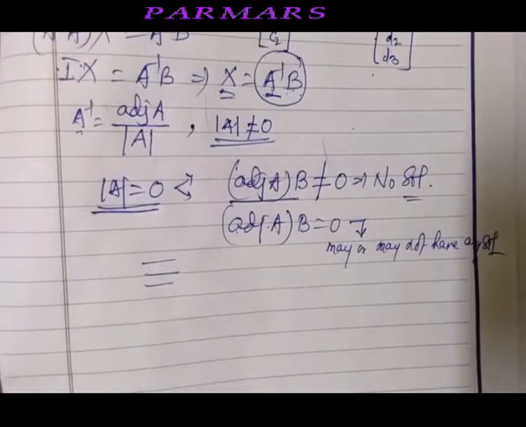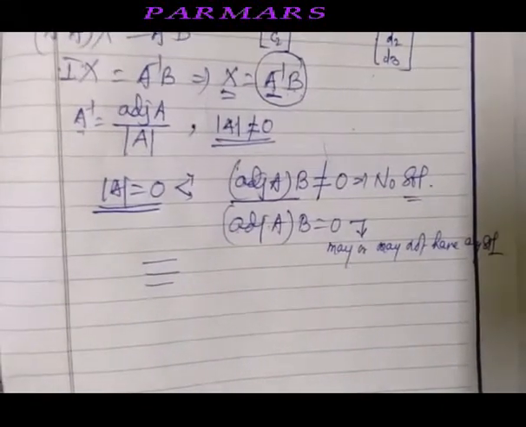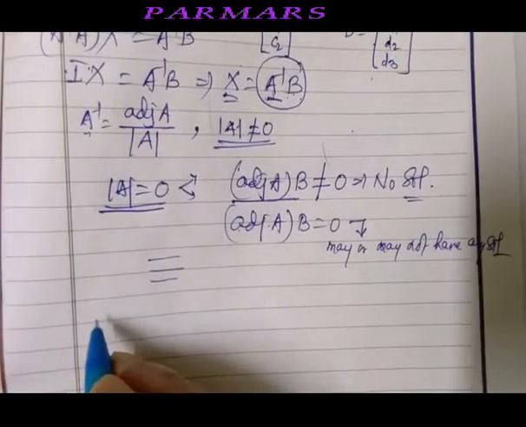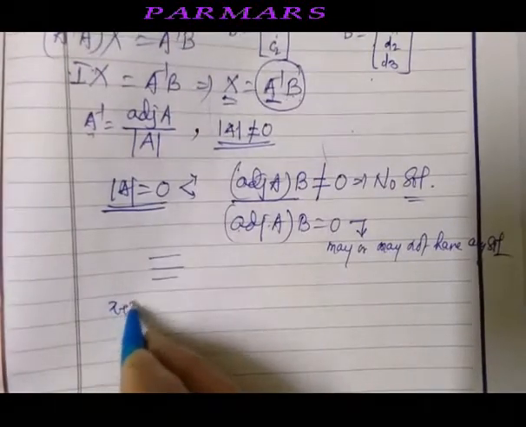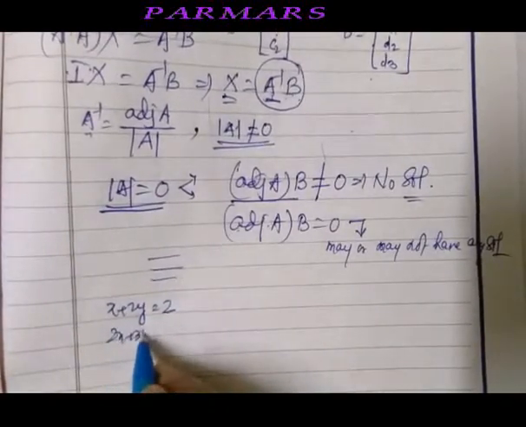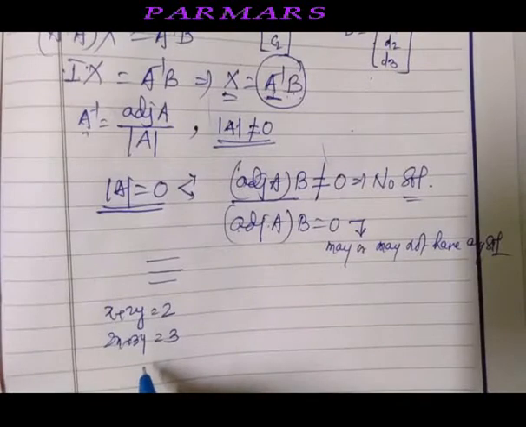Now we are going to take some examples. First we are going to take a two variable question, then I am going to do a three variable question. Here is the first question of exercise 4.6: solve x plus 2y equal to 2, 2x plus 3y equal to 3.